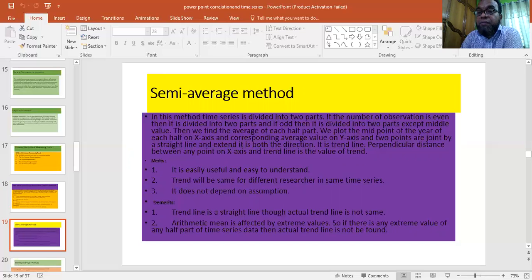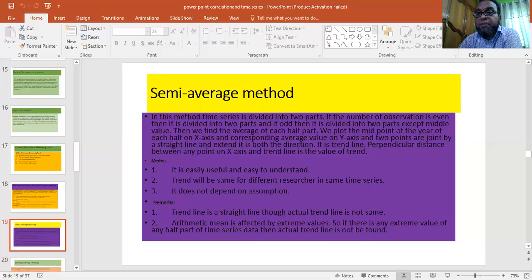First, you will observe how many years, how many rows are given. Say 5 years are given, then you exclude the middle one, that is the third one, and find the average of the first two and last two. Say 6 years are given, then you will take the average of the first 3 years and last 3 years.